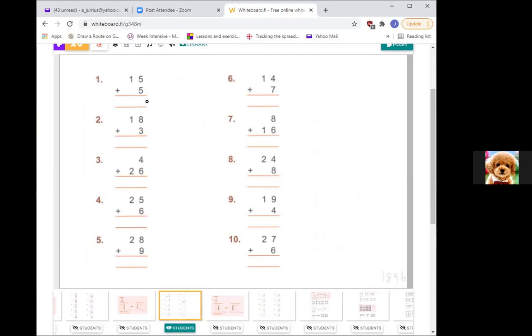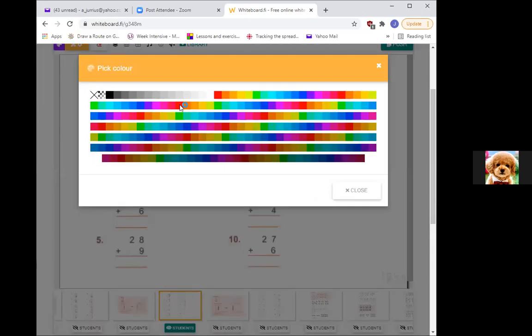So add the ones column first. What's in the ones column? The 5 and the 5. The ones column is the first column. So I'm going to circle the ones column in purple. And the tens column, I'm going to circle in red.